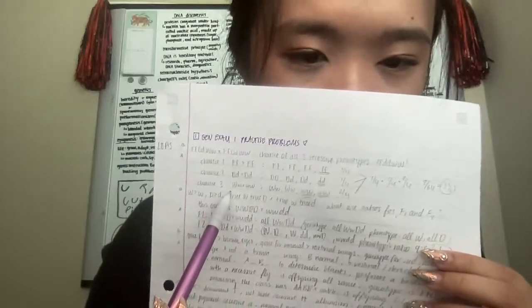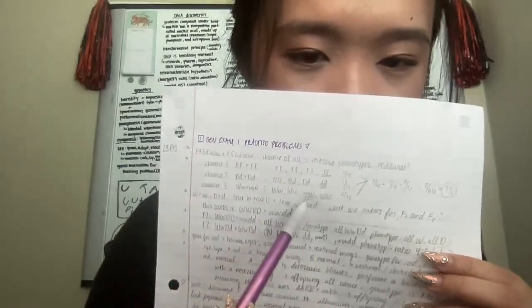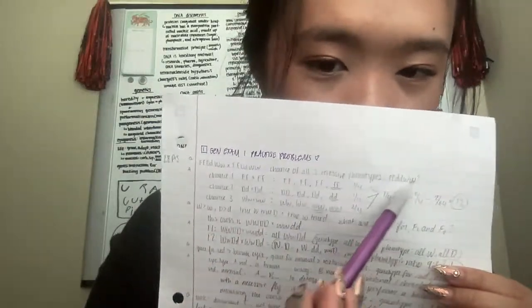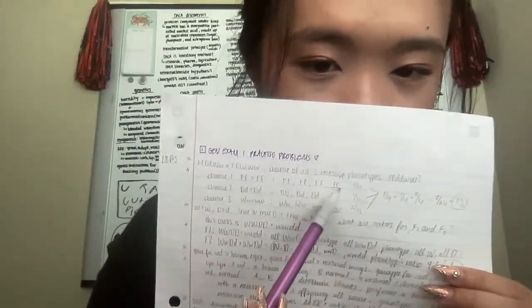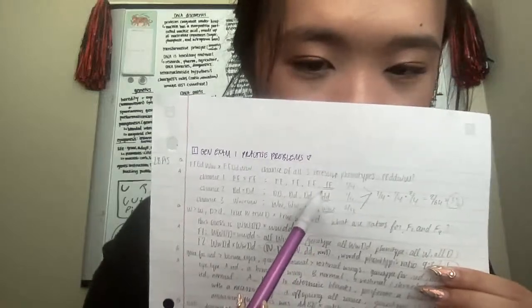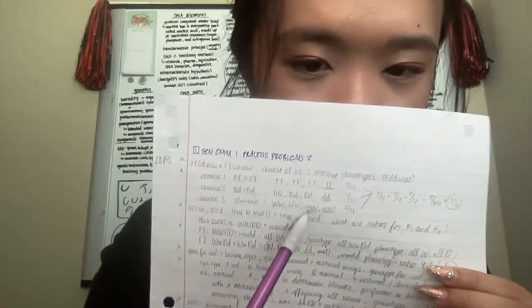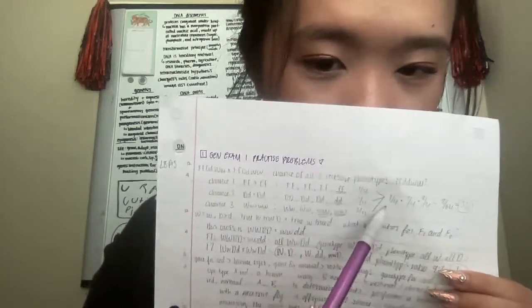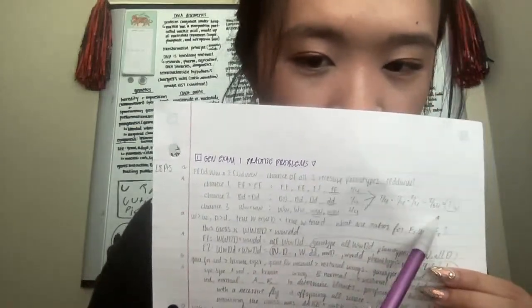Third one, same thing. So you're trying to look for lowercase genotypes. Over here for that first trait, there's a 1/4 chance. Second trait, 1/4 chance. And then for the third trait, there's a 2/4 chance. So you're going to do 1/4 times 1/4 times 2/4, which equals 2/64, which is 3%.